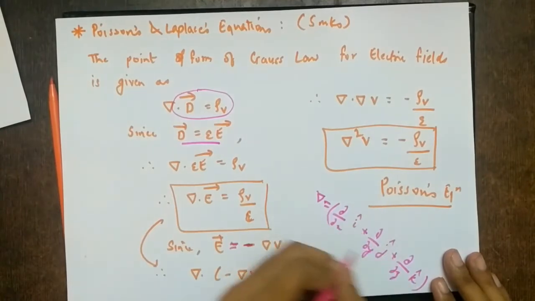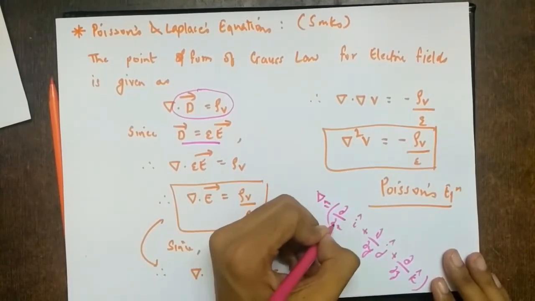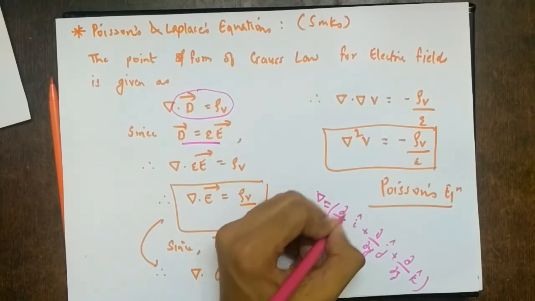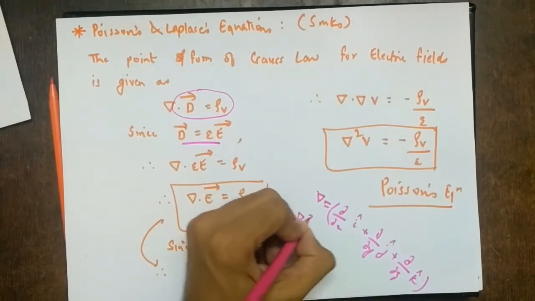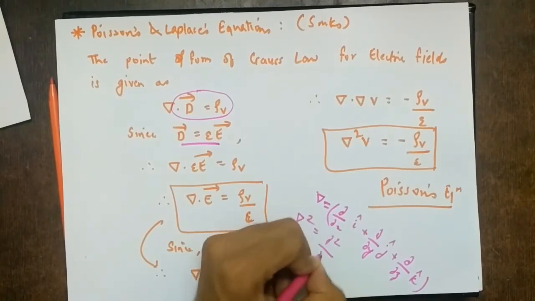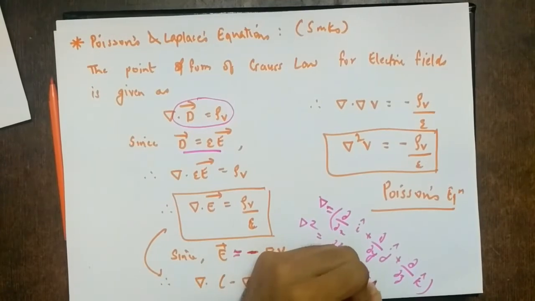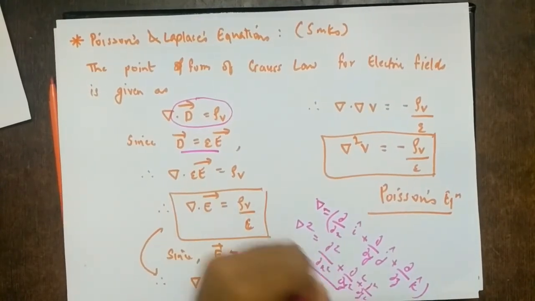If you take the dot product with this, i dot i is 1. So ∂/∂x i cap dot ∂/∂x i cap gives ∂²/∂x². So del square is a scalar only: ∂²/∂x² plus ∂²/∂y² plus ∂²/∂z². So this is our del square.